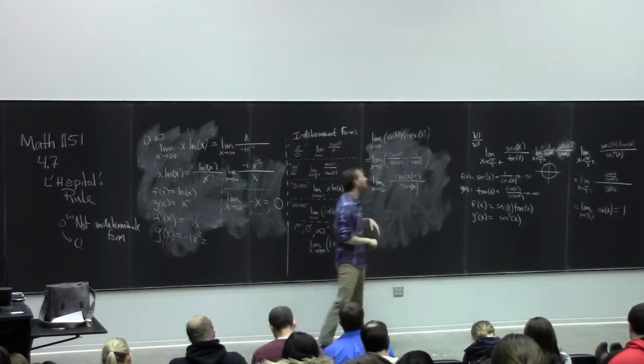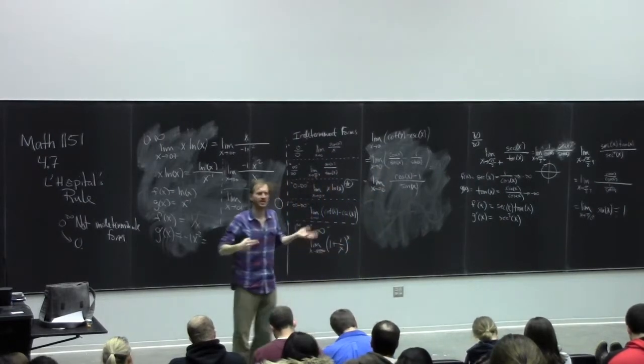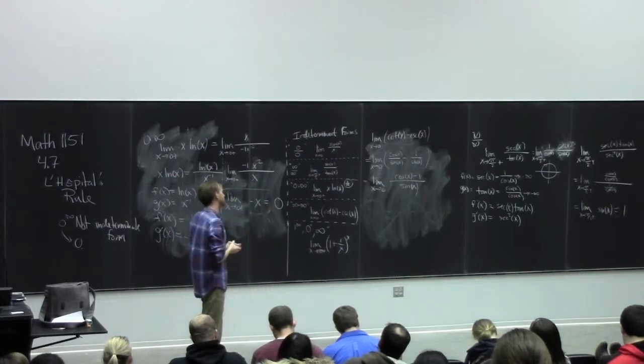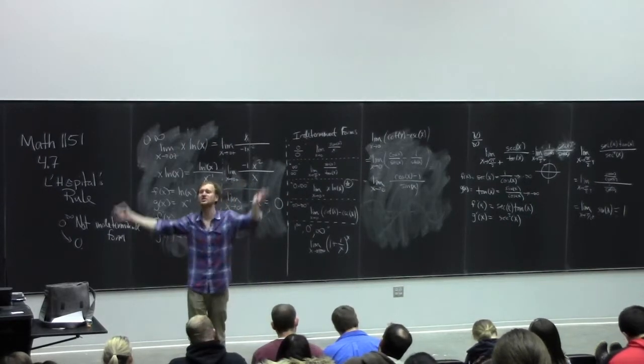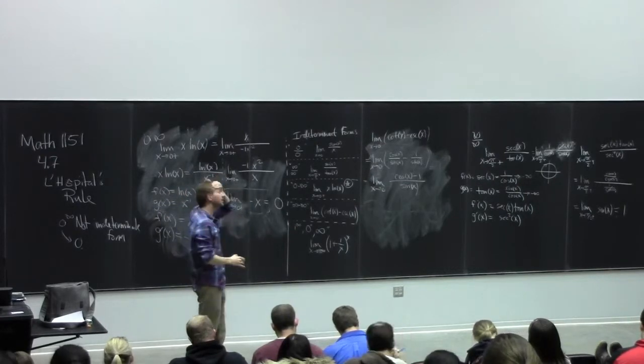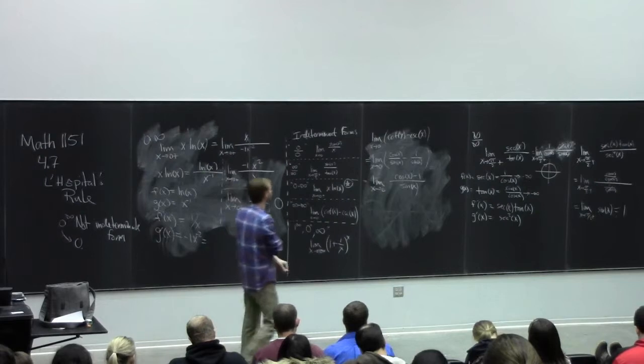Awesome. As x goes to 0, sine of x goes to 0. As x goes to 0, cosine of x goes to 1, so the numerator also goes to 0. So this is the indeterminate form 0 over 0.